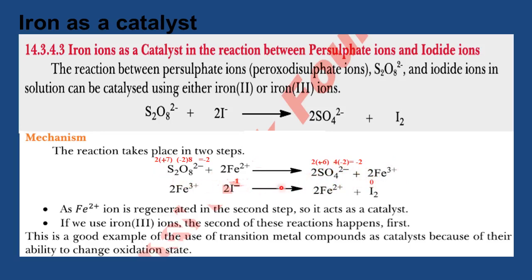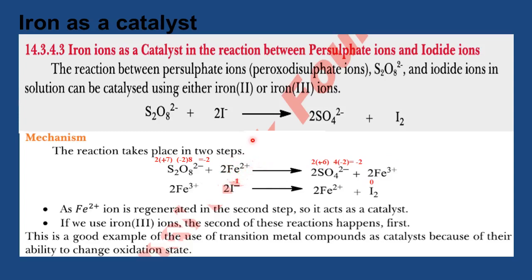Let us calculate the oxidation state of sulfur in persulfate ion, which comes out to be +7, and that of iron on the reactant side is +2. But after the chemical reaction, you can see in sulfate ions the oxidation state of sulfur is +6 and that of iron is +3. This means that iron is oxidized and the electron that is given off is taken up by sulfur.